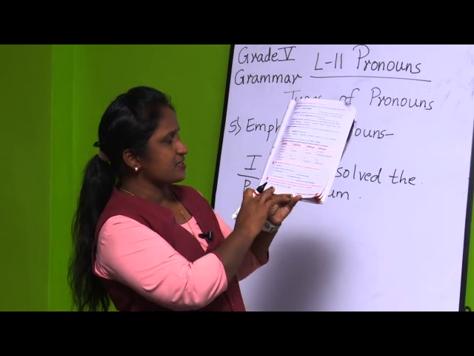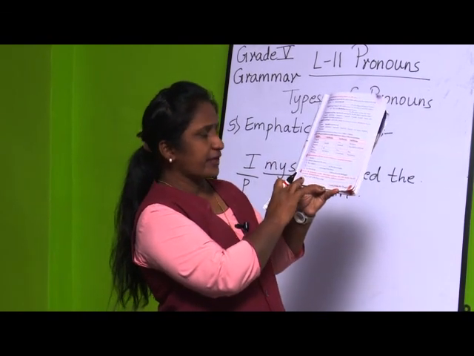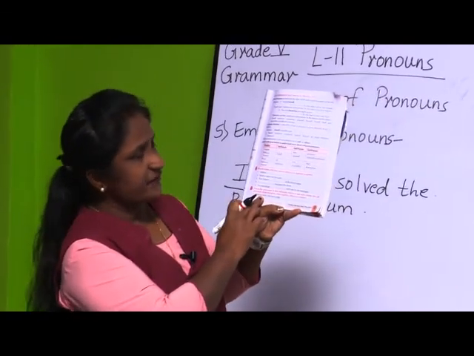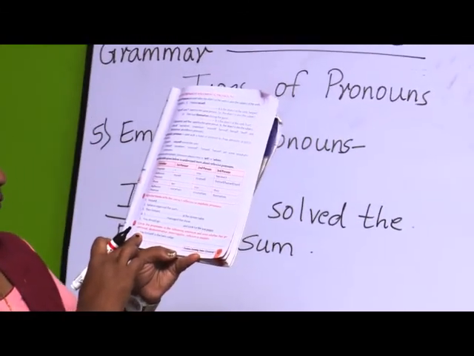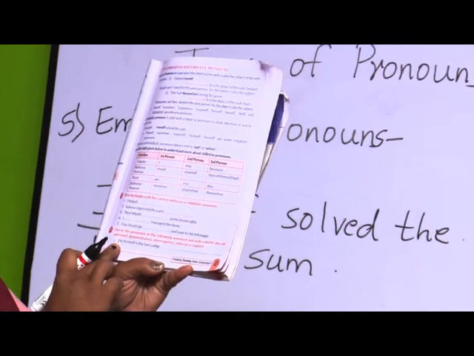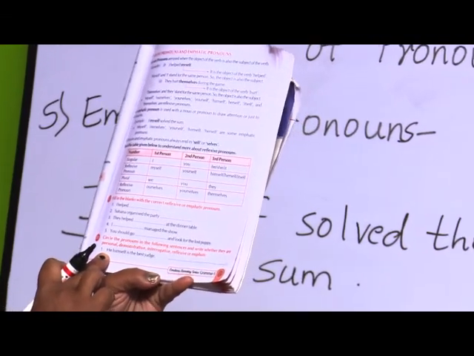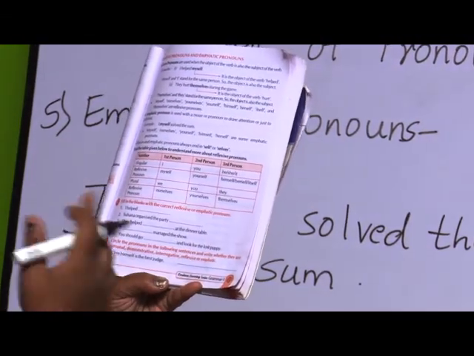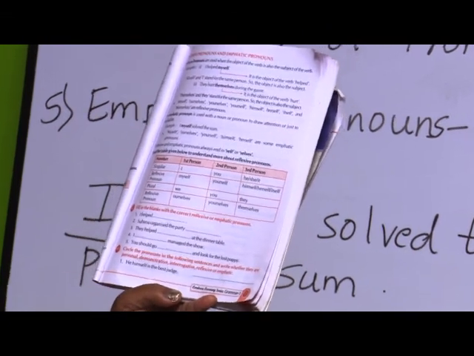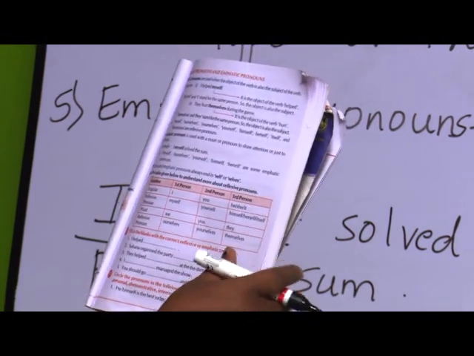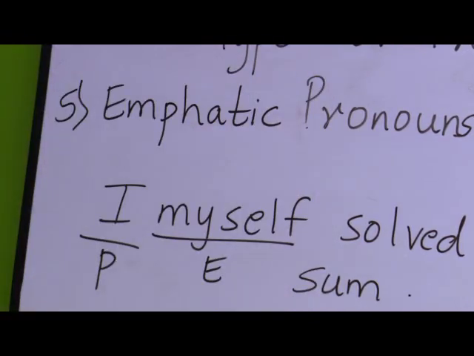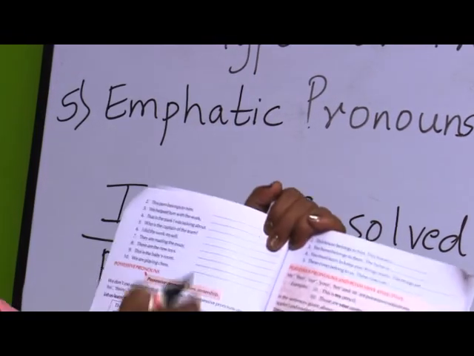If you take the first one, "he himself", "he" is a pronoun and "himself" is the emphatic pronoun. So circle the pronoun, you are going to circle "he", and write whether it is reflexive, emphatic, demonstrative, interrogative or personal. So "he himself", the first one is an emphatic pronoun. In this way we are going to do exercise D also.